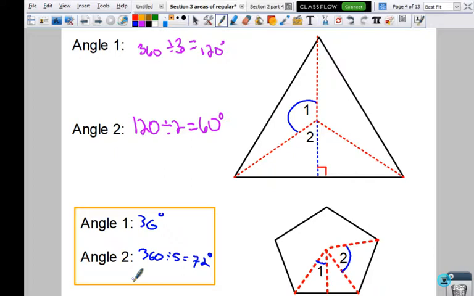Alright, so we're going to get into actually finding some area now. I got my piece of paper. I'm out of here. Make sure you sign out.